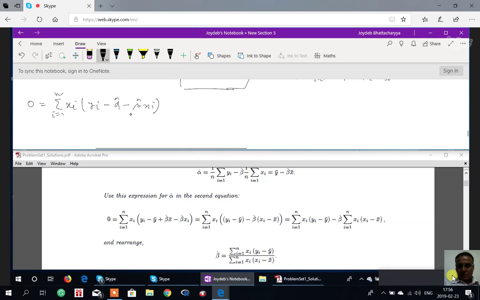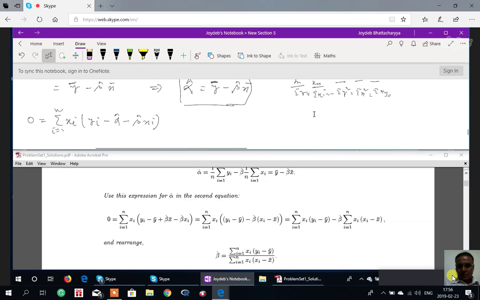Now from the first normal equation, you have got the value of alpha hat as y bar minus beta hat x bar.